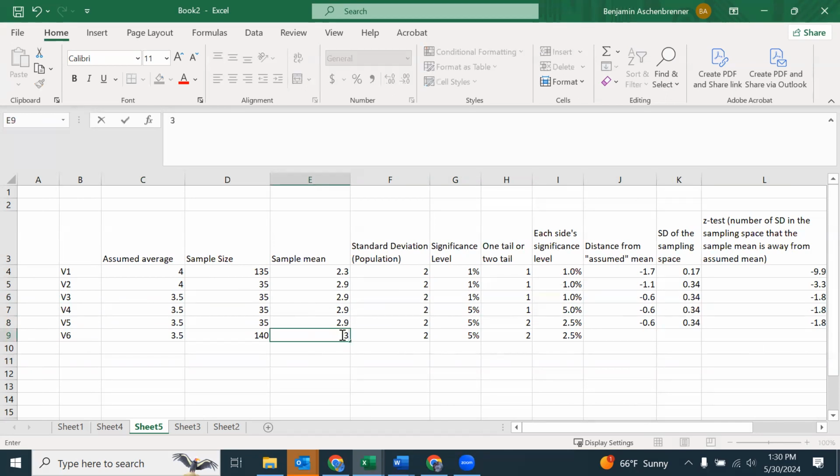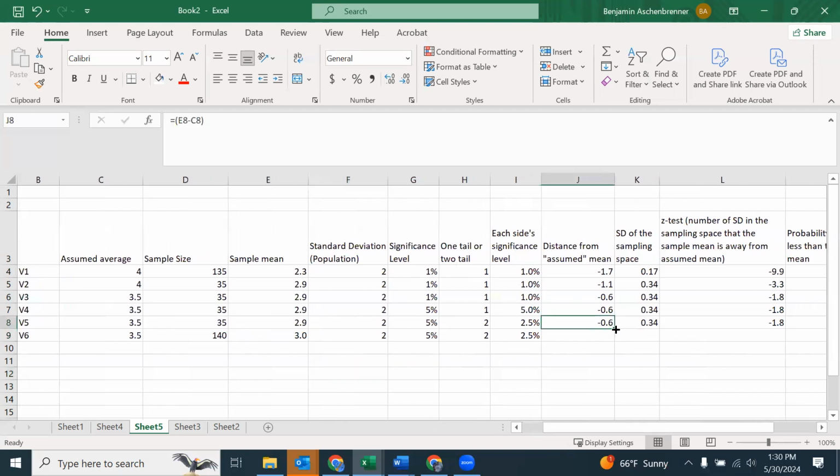And turns out that the sample mean this time was 3.0. Is it enough information to reject it? Let's find out. So first of all, the difference is negative 0.5. That's because I'm sitting at 3. The assumed average is 3.5.